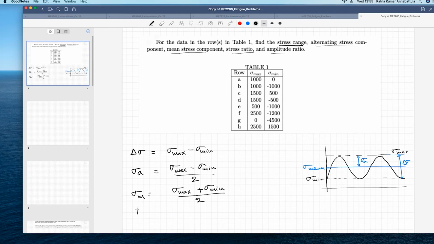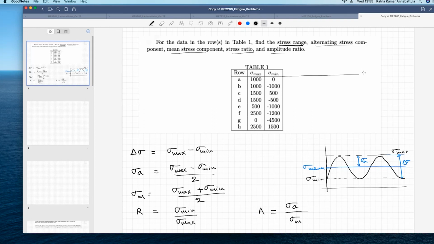And the stress ratio is defined as the ratio of minimum stress to maximum stress. And the last one, amplitude ratio, is defined as stress amplitude to the mean stress. Okay, so let us try to fill in this table.